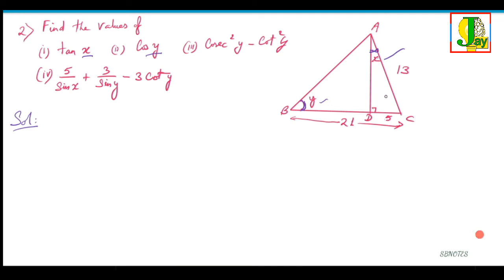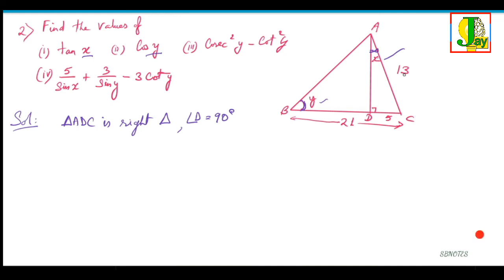To find that, let us take this triangle ADC. Triangle ADC is a right triangle, and which angle is 90 degree? Angle T equals 90 degree. So we can use Pythagoras theorem.